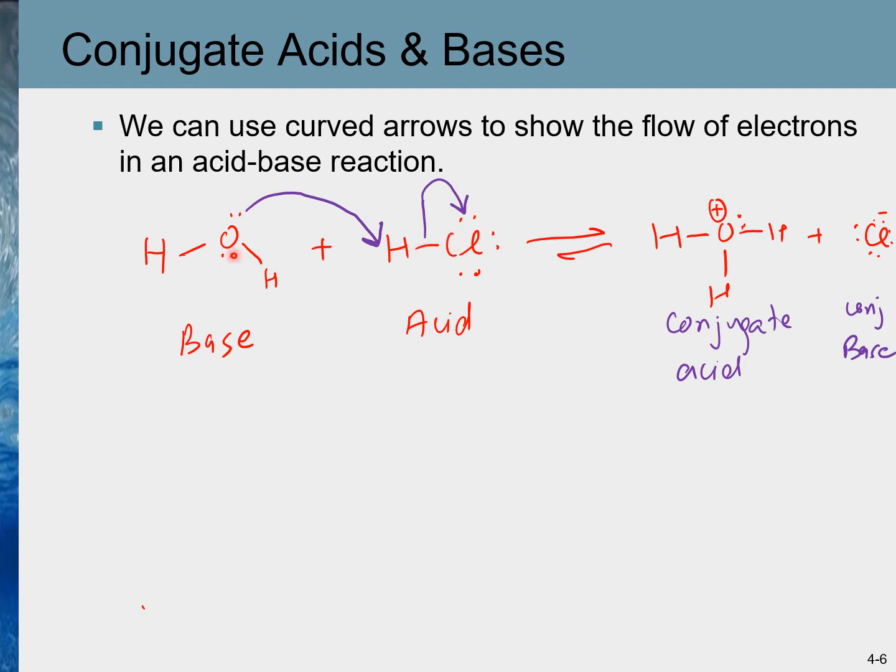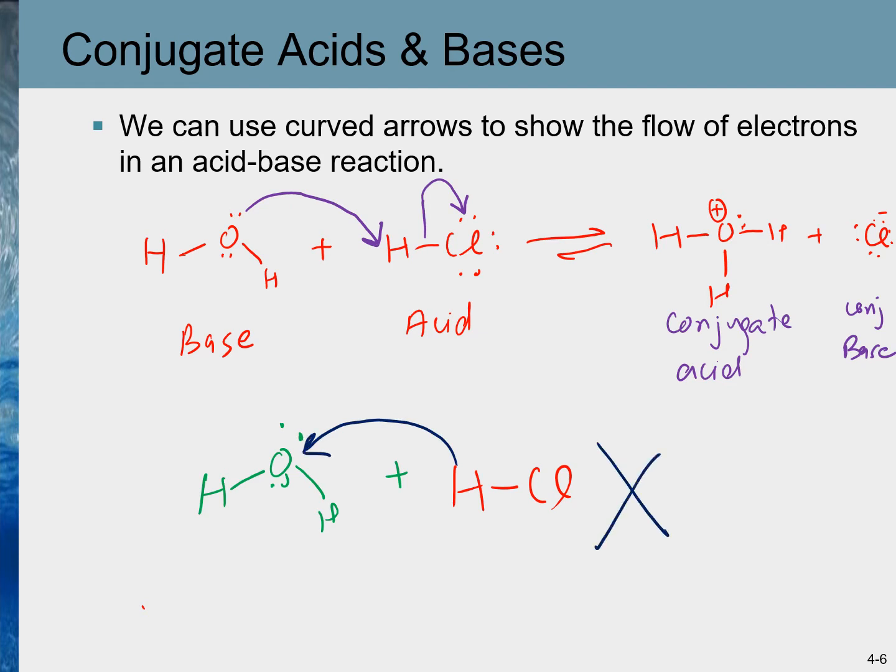It is important to keep in mind that arrows indicate movement of electrons, not atoms. So in other words, if we show the process in this way, this is incorrect.